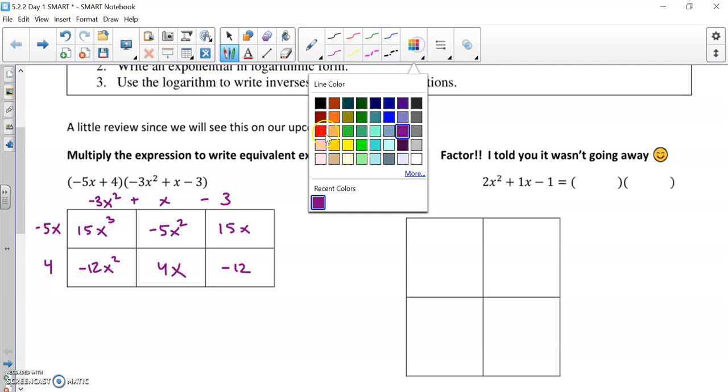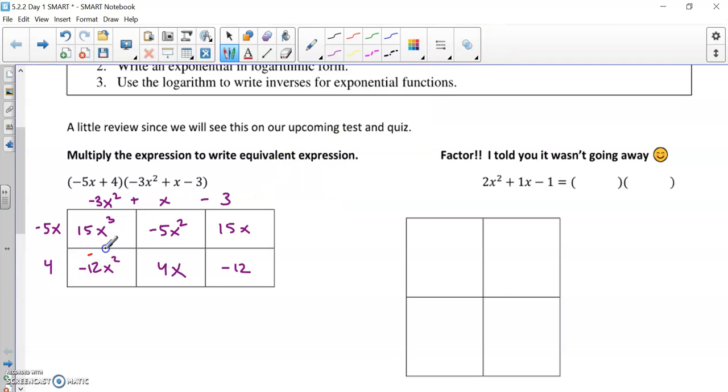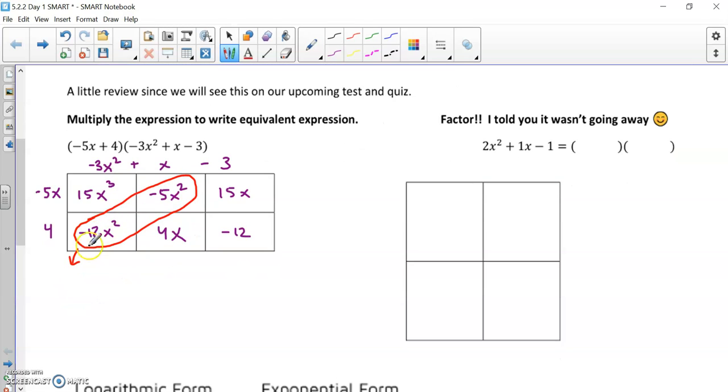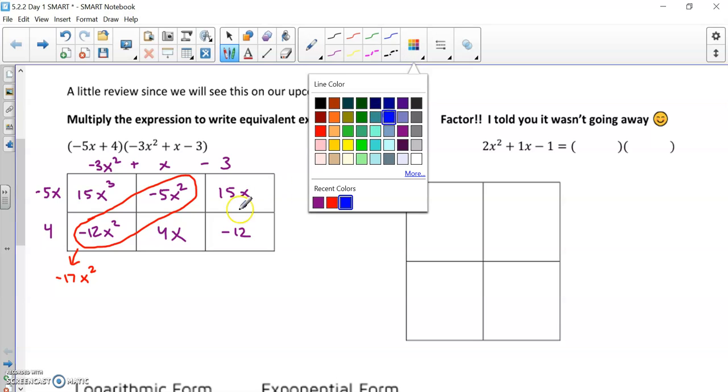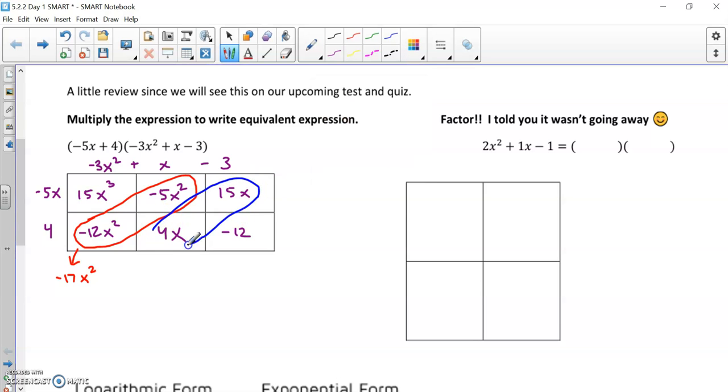So now you do want to keep in mind that there are going to be like terms to combine, right? If we combine these two x squared terms, negative 12 plus negative 5, that gives us a negative 17x squared. And then you can also combine these guys. 4 plus 15 equals 19. So we got a 19x there. So now we can go ahead and add everything, but instead of adding all of these, we could just use these terms instead.